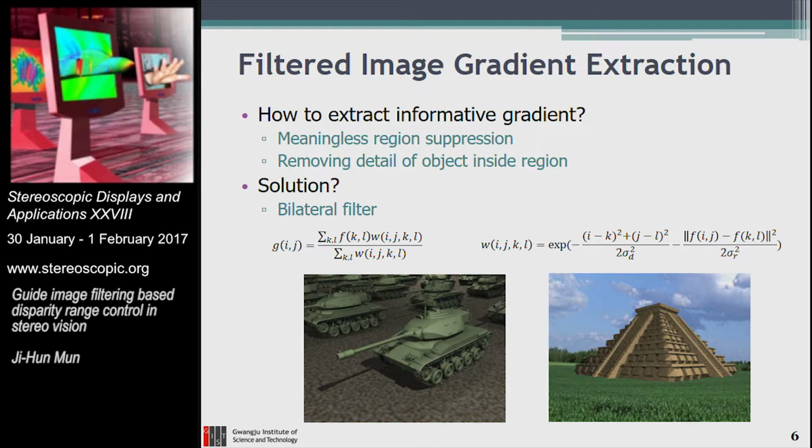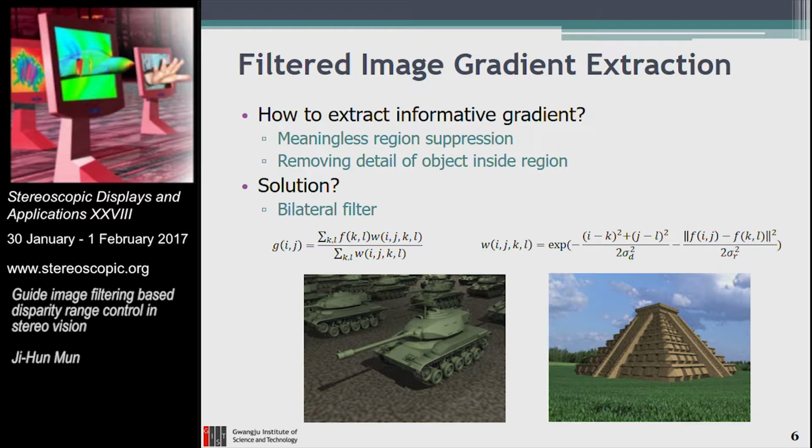And from this slide, I will explain how to compute the matching cost to generate the initial disparity map. Firstly, we make the gradient image. Before that, we have to remove some meaningless regions, and also we have to remove the detail of the object inside the region.